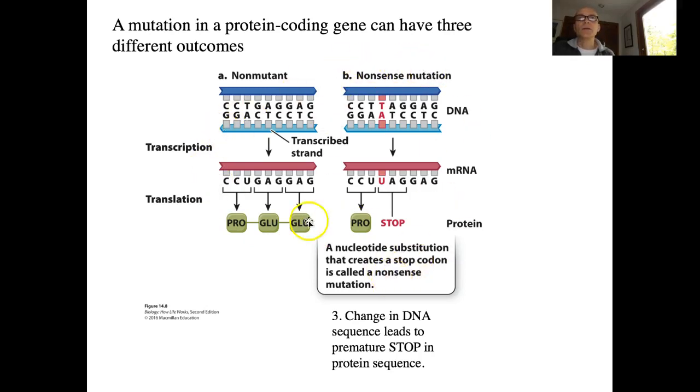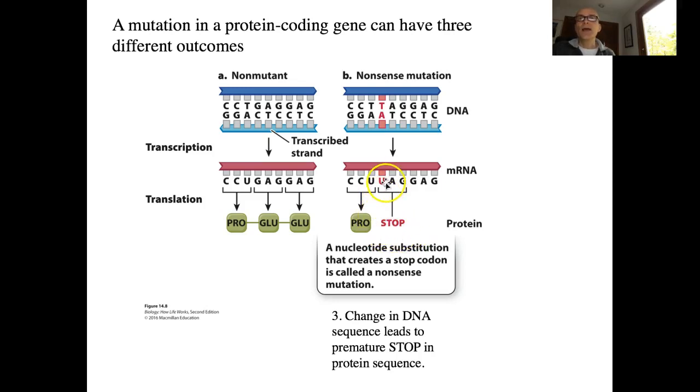And then there's a third type, over here. Here's our non-mutant example, and that is when a nonsense mutation occurs. A nonsense mutation means it makes no sense in terms of adding a different amino acid. It just stops the translation process altogether.